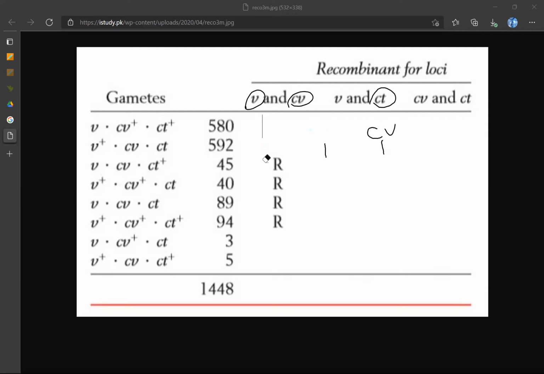Draw and make the color not white. So V, CT, and CV. We know this is the order, and it could be that CV is actually over here and V is actually over here, but we don't have enough information to determine.